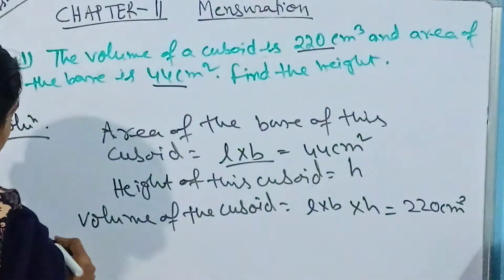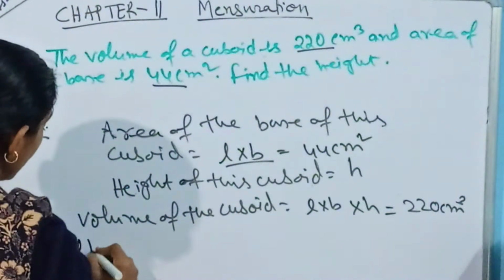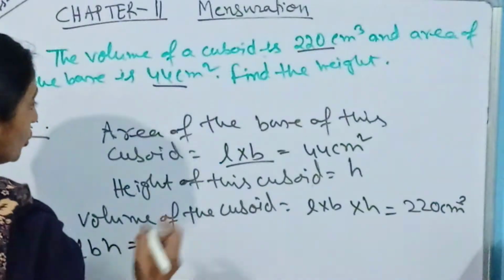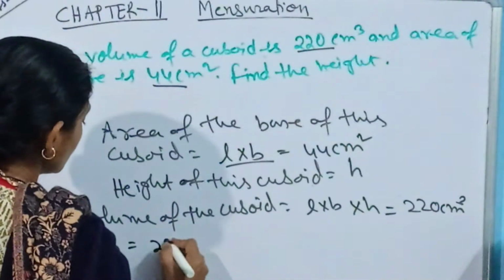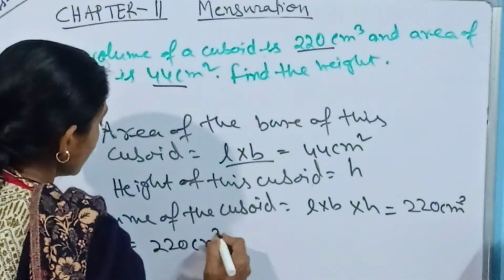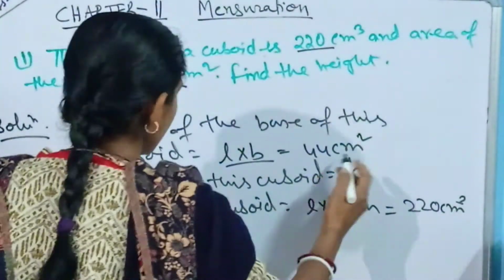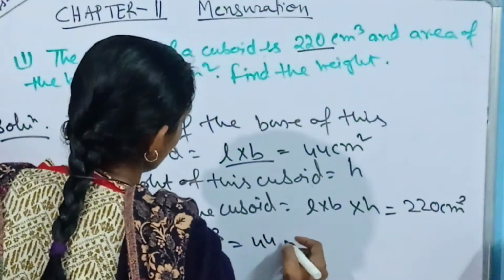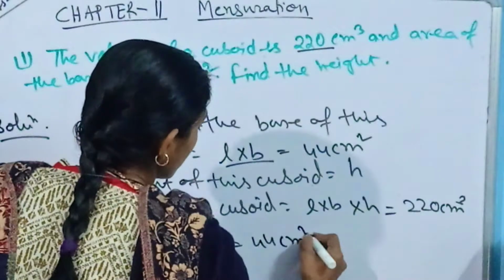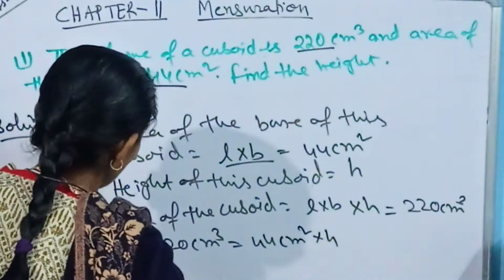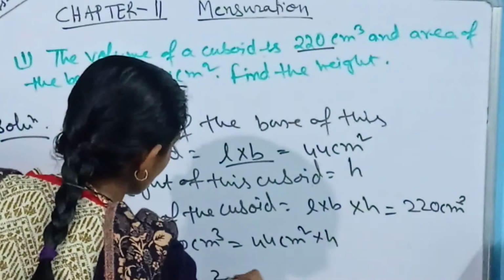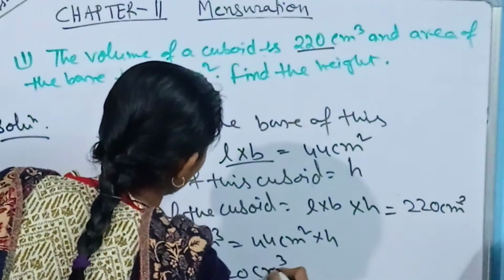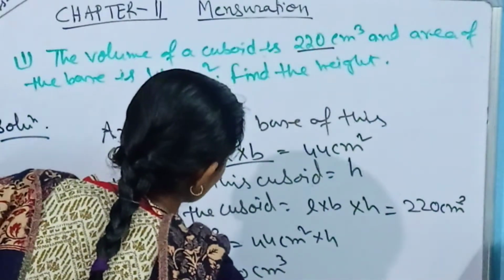So therefore we can write that LBH equals 220 centimeter cube, which, as per the question, is 44 centimeter square into h. So h equals 220 centimeter cube divided by 44 centimeter square.